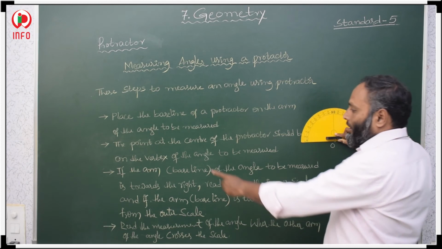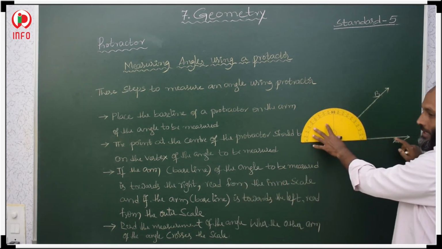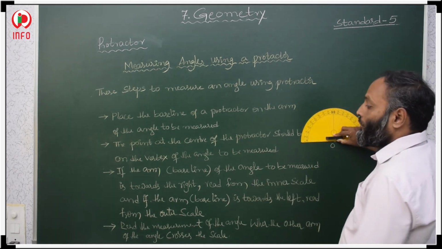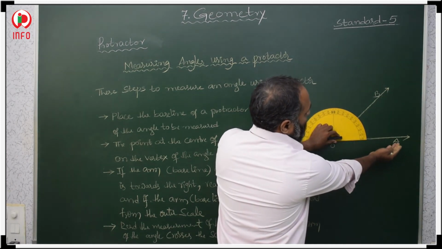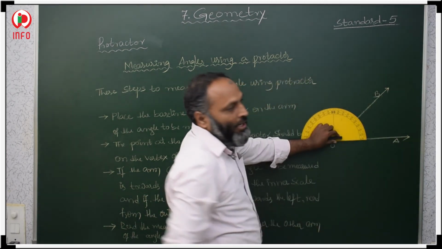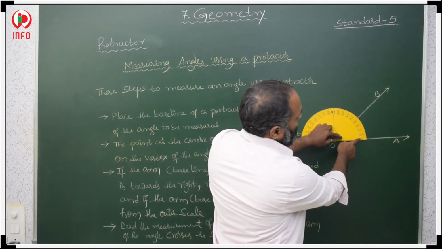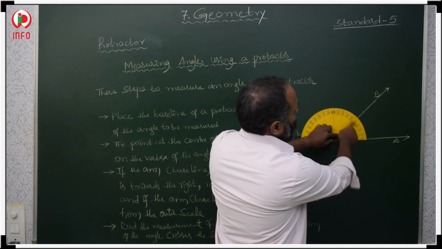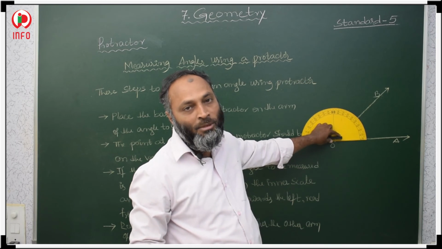If the baseline arm of the angle to be measured is towards the right side, we are calculating from the right side. If you are going to calculate from the right side, we go for anti-clockwise, which means we check the inside measurements.